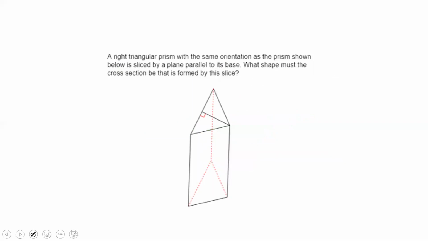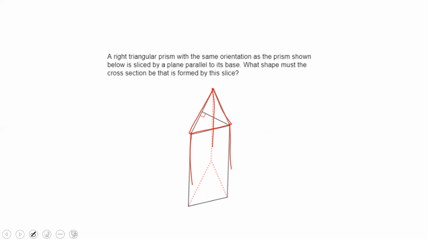Let's try another one. This one's kind of hard to see what's happening here. We've got a triangular base, and it's been carried down into a prism. It says a right triangular prism with the same orientation as the prism shown below is sliced by a plane parallel to its base.